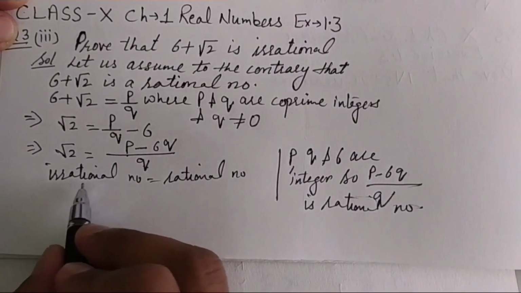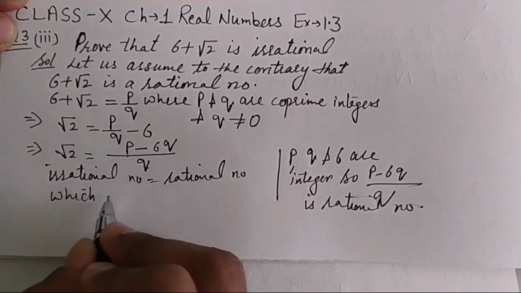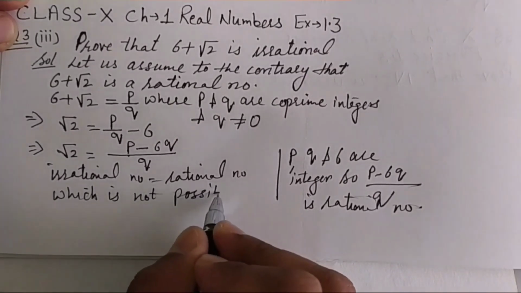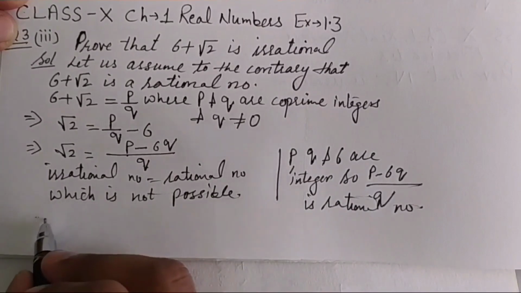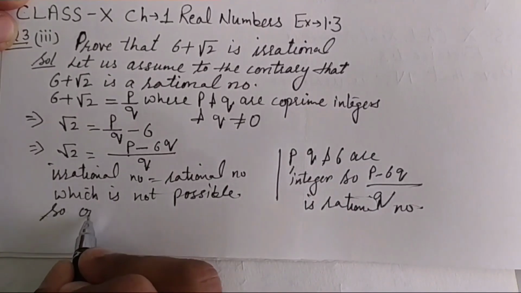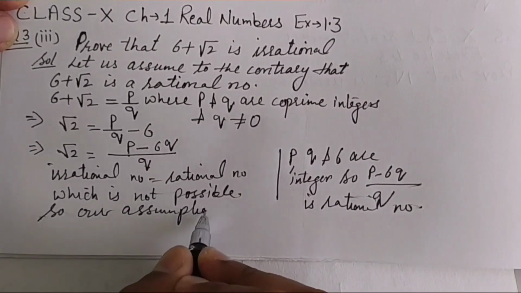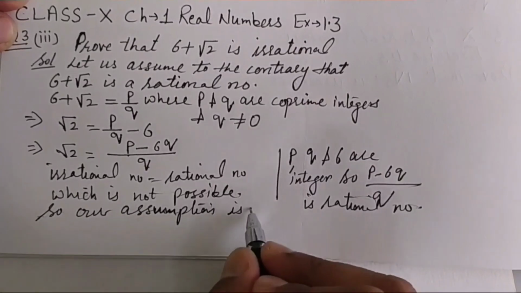So here it is written irrational number is equal to rational number, which is not possible, because a rational number cannot be equal to an irrational number. So our assumption is wrong.